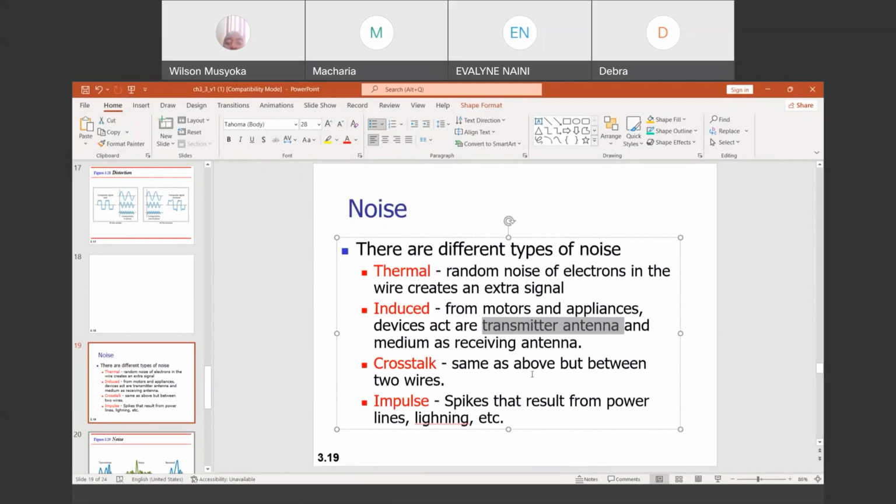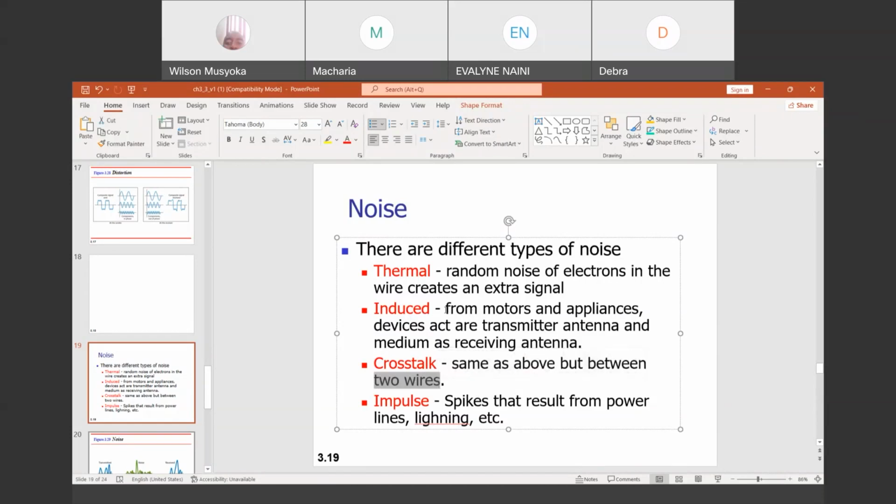Then there is crosstalk. When we are talking about crosstalk, is where you are having many cables which are transmitting. So when they are transmitting, it means that transmission from one cable may get to the other cable. And that is where we are talking about crosstalk being the same as induced, but with wires.